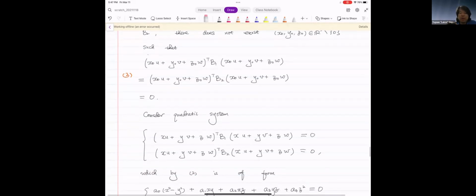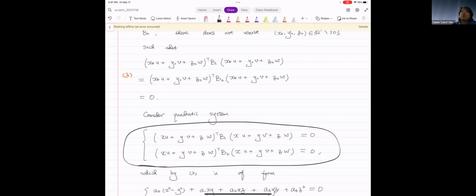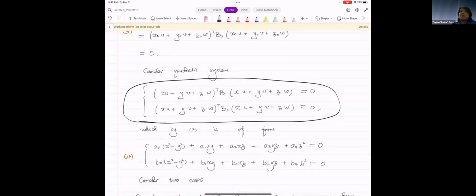If I only focus on x0, y0, and z0, if I treat x, y, z, those real coefficients, as variables, and try to solve a system of equations. Well, here I have a system of equations, and this system of equations with respect to x, y, and z is actually a quadratic system.